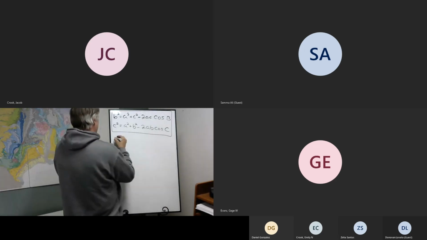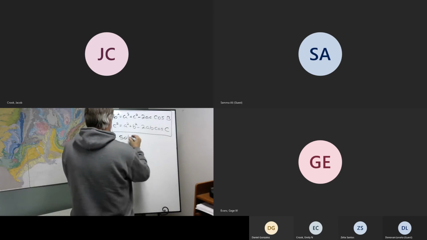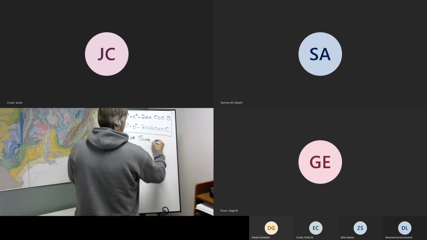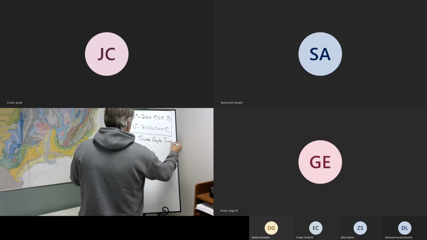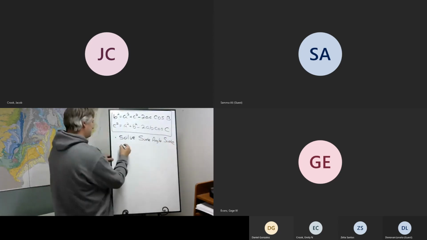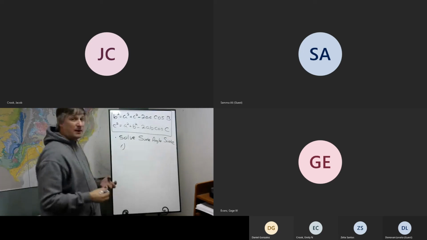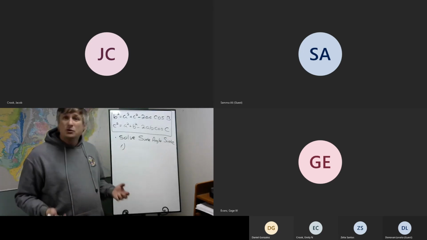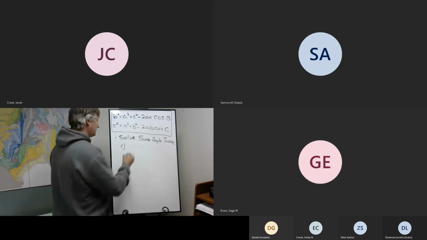So we're going to solve a side angle side. So step 1. The first thing we're going to do is solve for the missing side using the law of cosines.